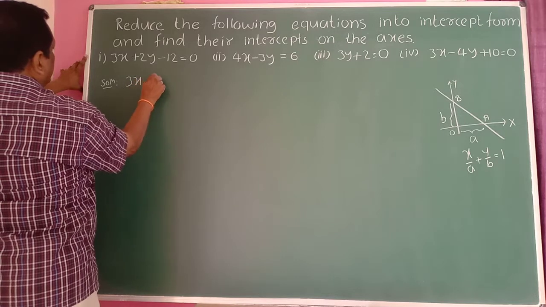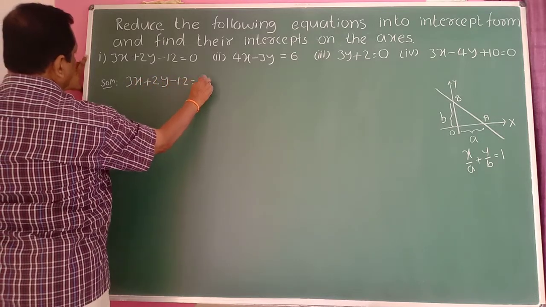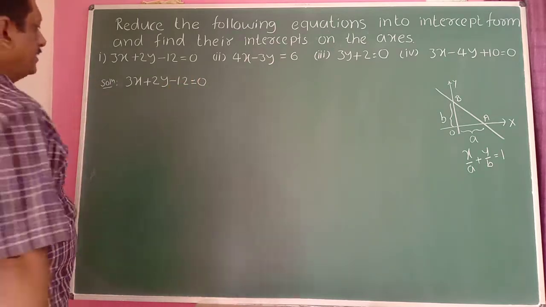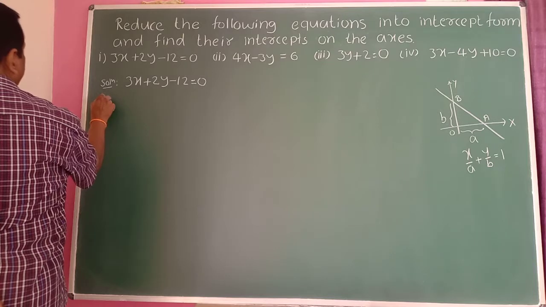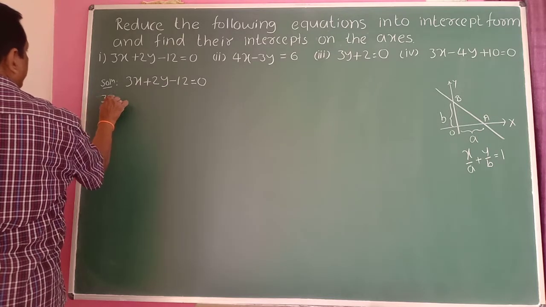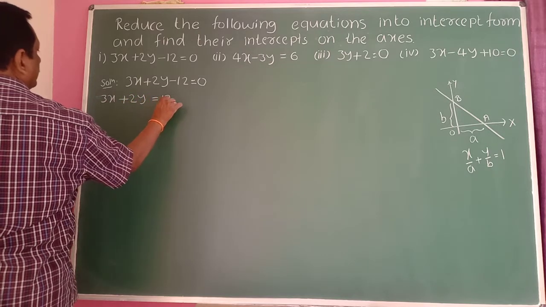3x plus 2y minus 12 is equal to 0. First take minus 12 to the right hand side. So 3x plus 2y is equal to 12.